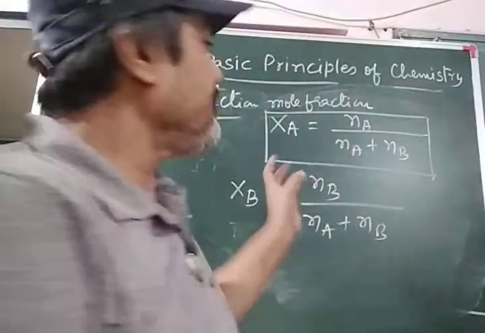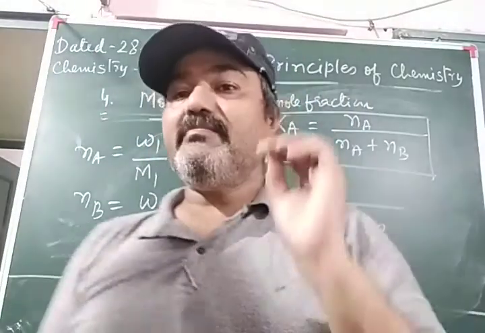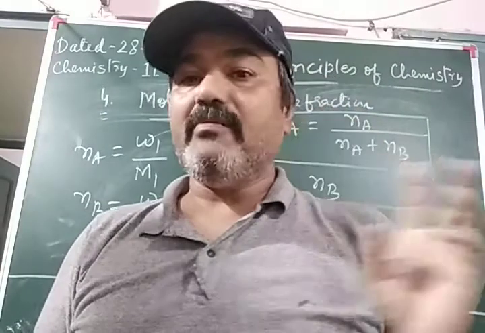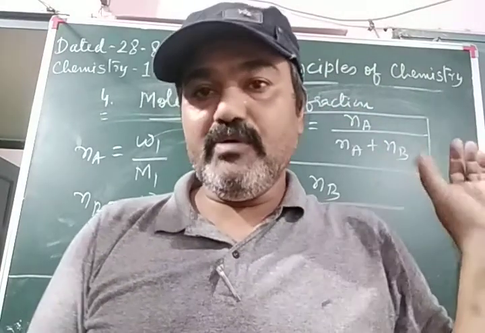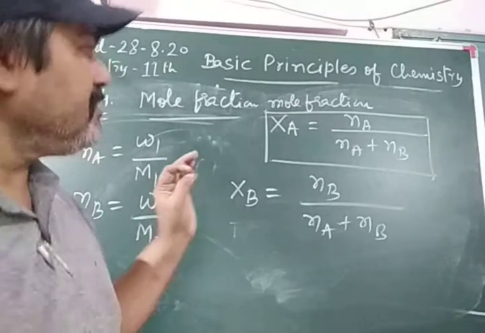So if there is a binary solution, it means it consists of only two components. First one is solute and the second one is solvent.